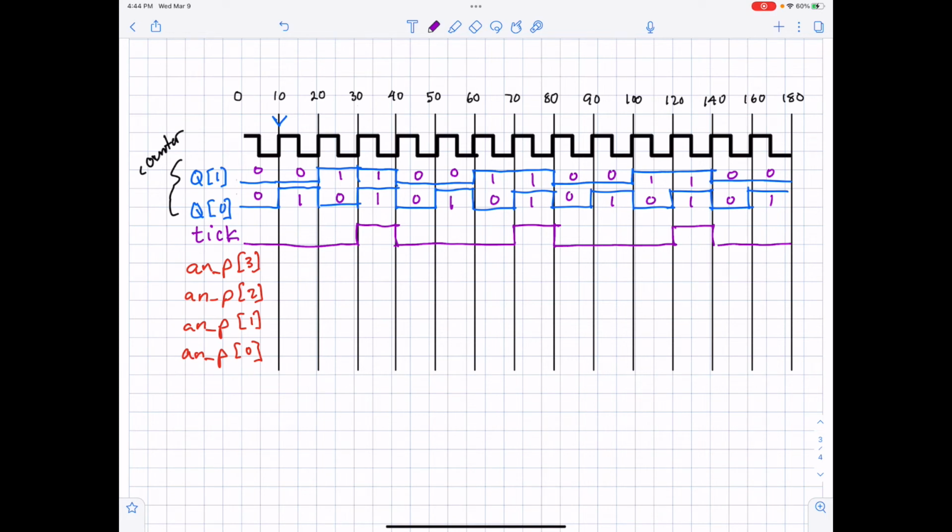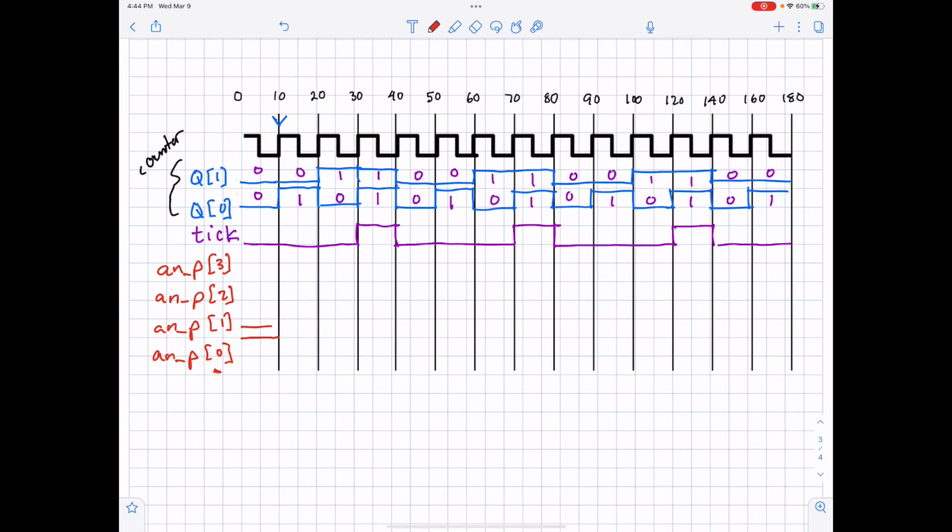All right, next, let's assume that we started with, let me move these signals over a little bit. These are the decoded anode signals. So let's assume we start with the 0 position on, and so all the others would be off.